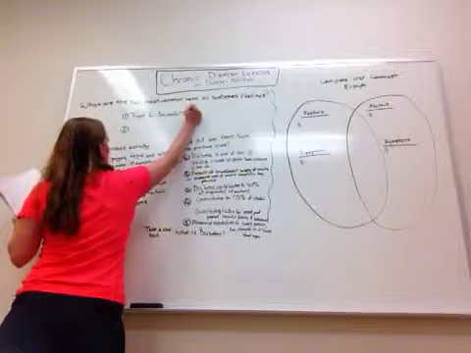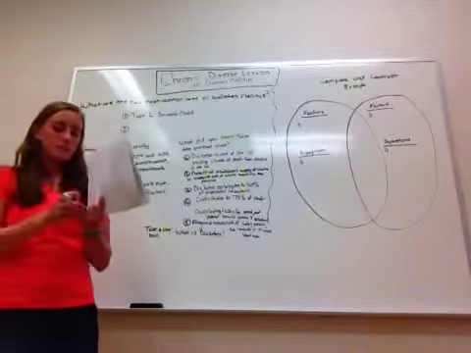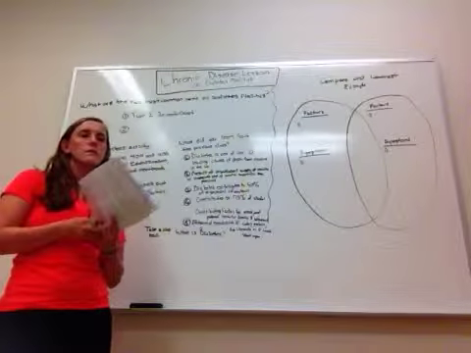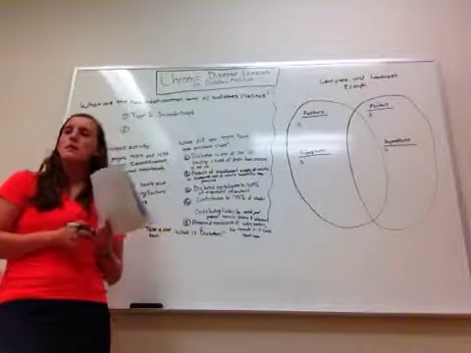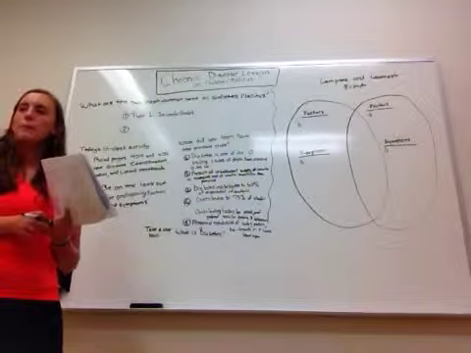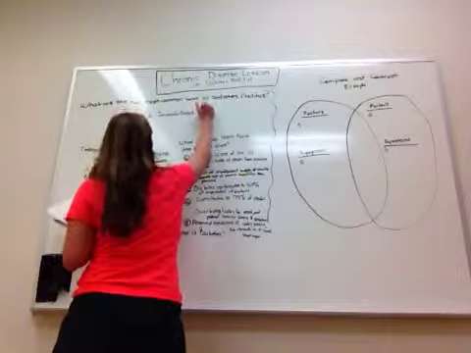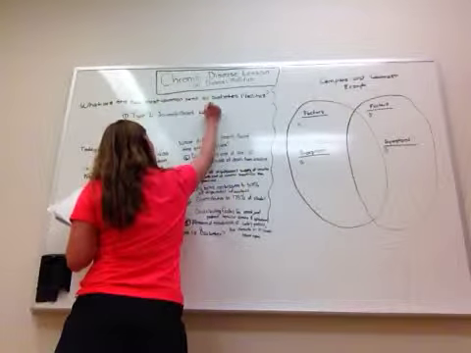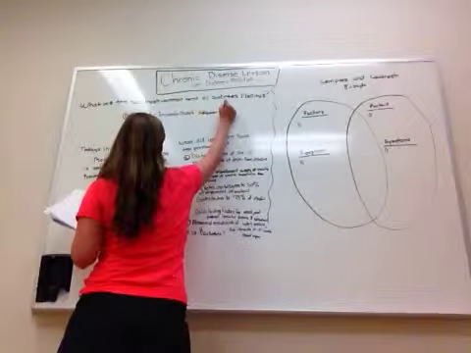Can anyone tell me why it's called juvenile onset? Yes, go ahead. That's correct. It's called juvenile onset because it usually occurs between adolescence and before the age of 35.